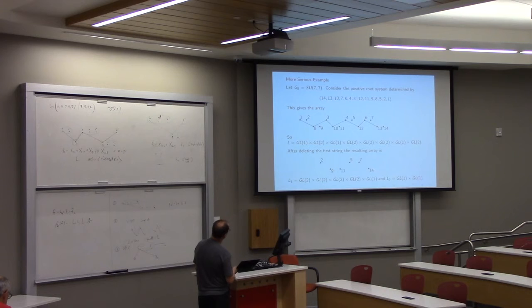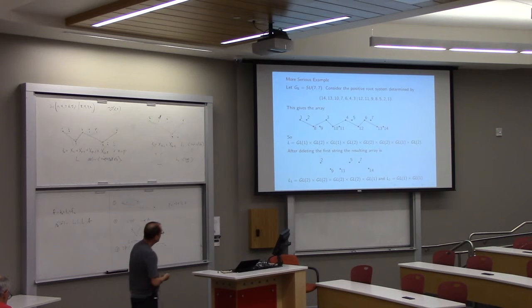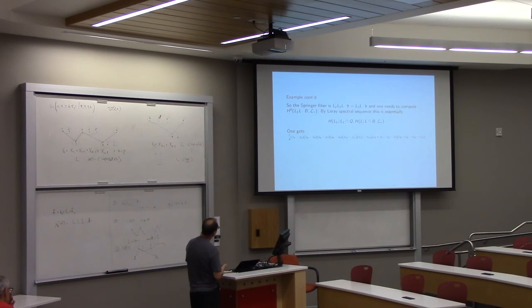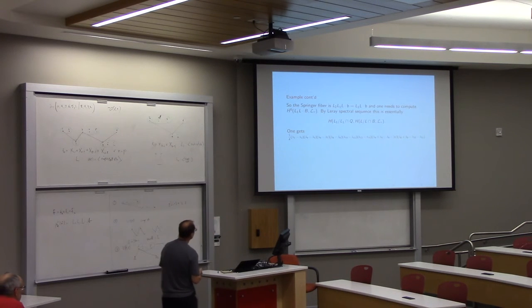And I've written down what things are, but notice that root 5 minus 7 is in L1, but not in L, so you get an honest iterated one. And then you calculate the sections, and in this case, the L2 didn't contribute anything, so it's a two-step iterated bundle. And you compute the sections, and you get this polynomial.